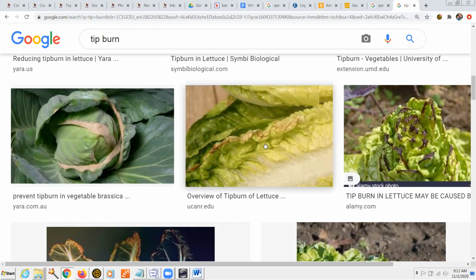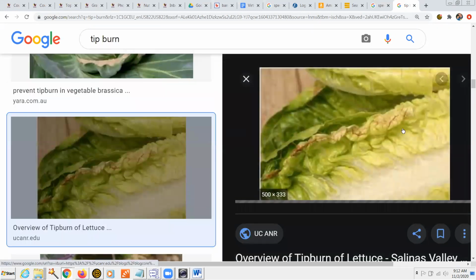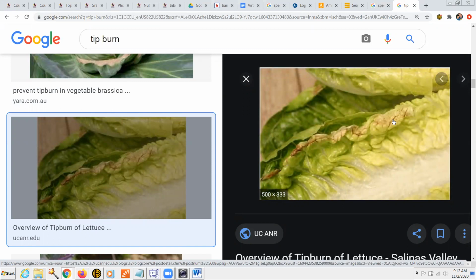In lettuce, we have a specific type of condition which is associated with calcium transportation, and we call this tip burn. Because the term tip burn in a lot of different plants means a marginal necrosis of the tip of the leaf, it can be confusing that tip burn in lettuce is actually a calcium deficiency in certain cells.